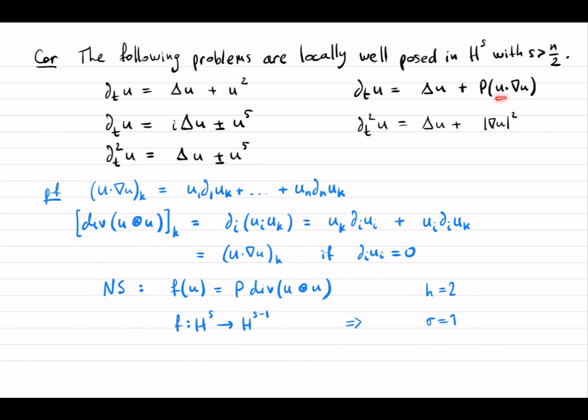So that means this would have required S bigger than n over 2 plus 1. But in this formulation, we multiply first before taking derivative. So S bigger than n over 2 is enough.